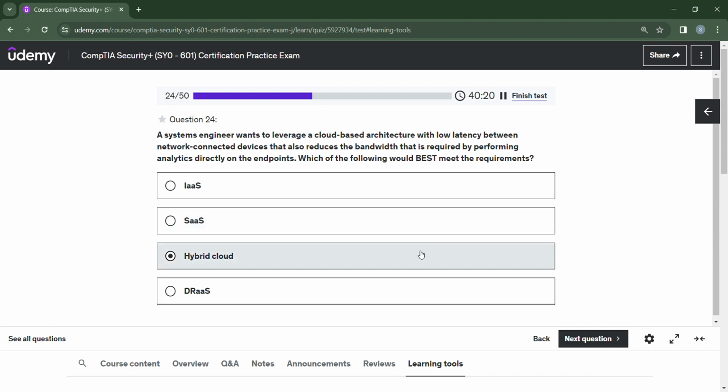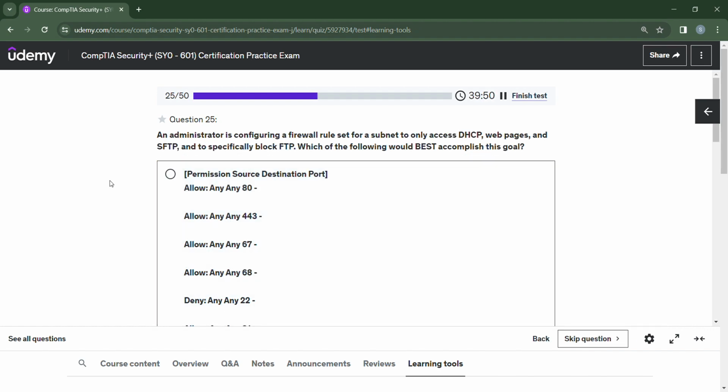This one's going to have to be a guess. I'm going to leave it at hybrid cloud, but I was leaning towards infrastructure as a service. Reduces the bandwidth that is required. Yeah, I'm just going to have to guess.